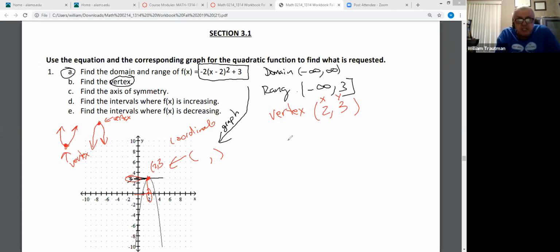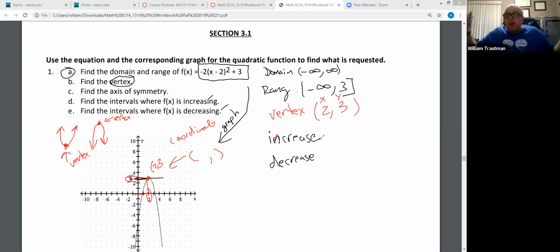So next we're going to do, where is the graph increasing? When we deal with increasing or decreasing functions, here it says increasing then decreasing. When it's asking to find the intervals for increasing and decreasing, they're only talking about the X values.